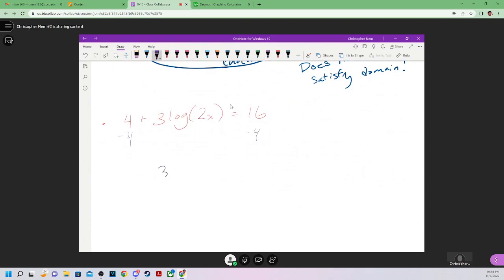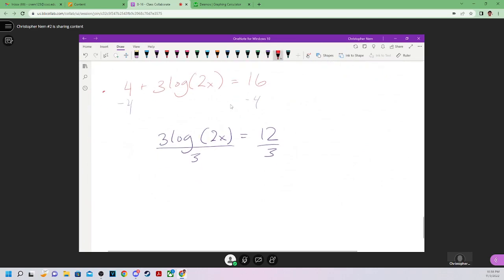So I get 3 log of 2x equals 12. Divide both sides by 3. I get log of 2x equals 4. Now it's isolated.